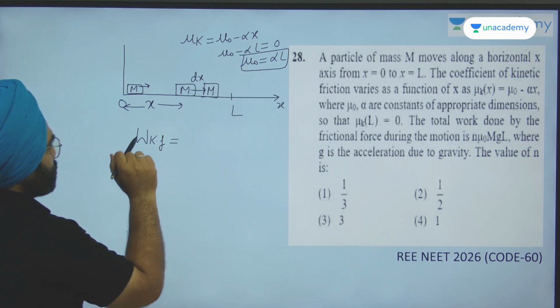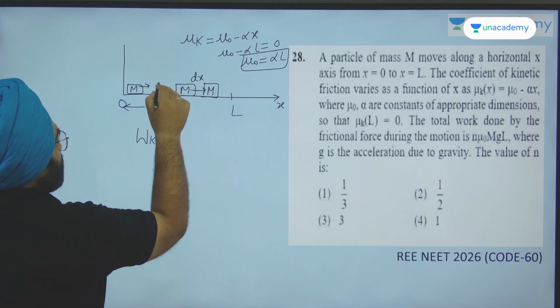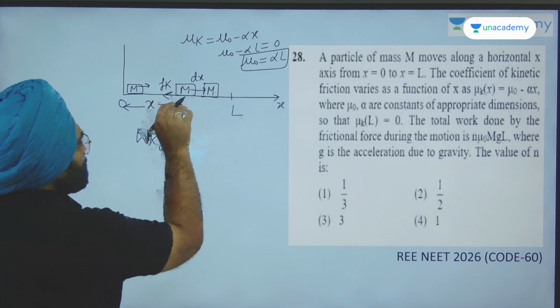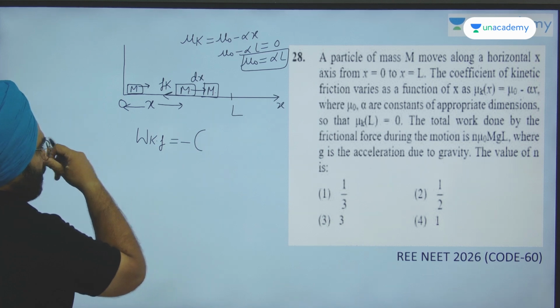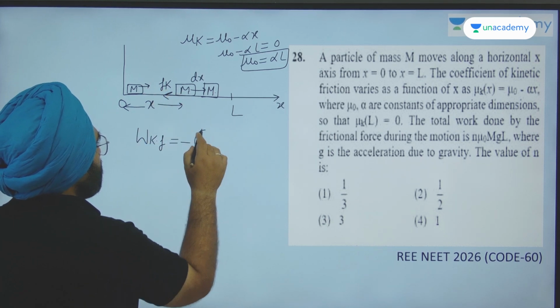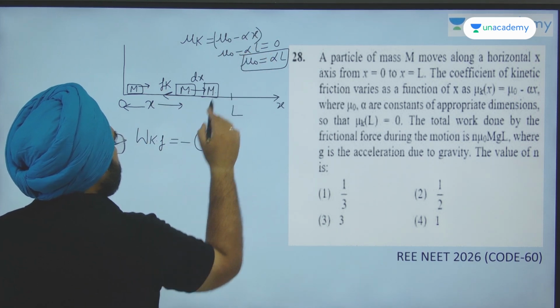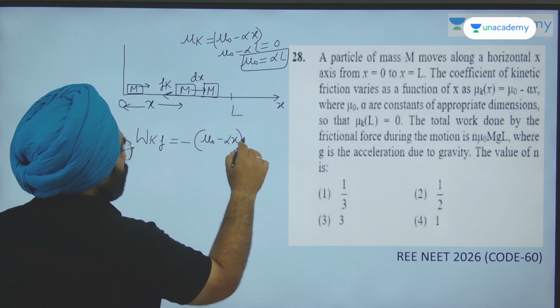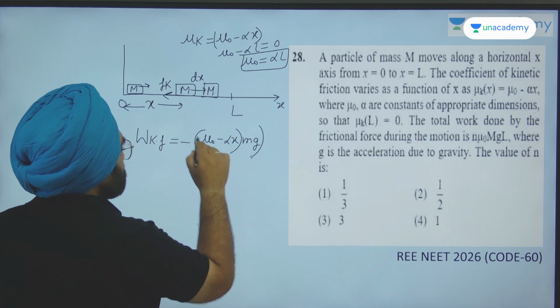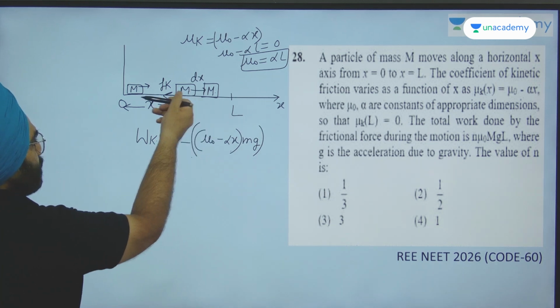Now try to understand, kinetic friction will act like this and the displacement dx is in this direction. So already I will take the negative of this kinetic friction. It will be mu naught minus alpha x into mg. This is the kinetic friction which will be acting in the backward direction.